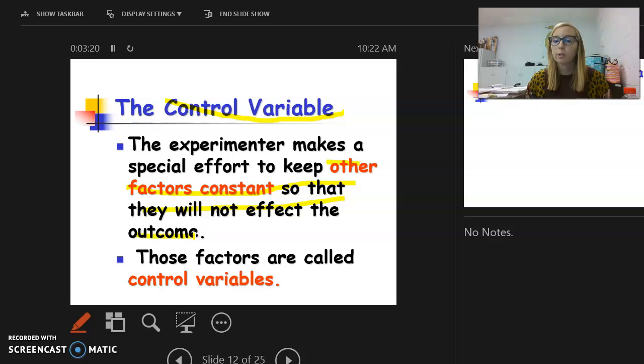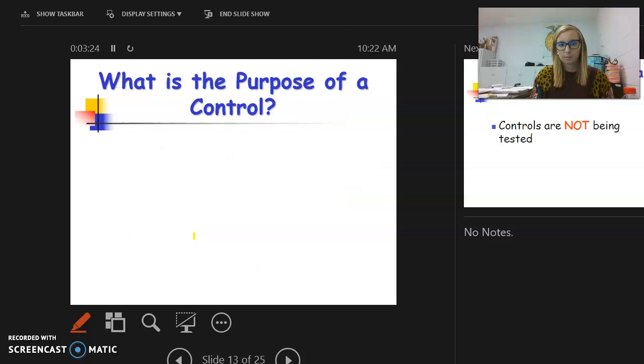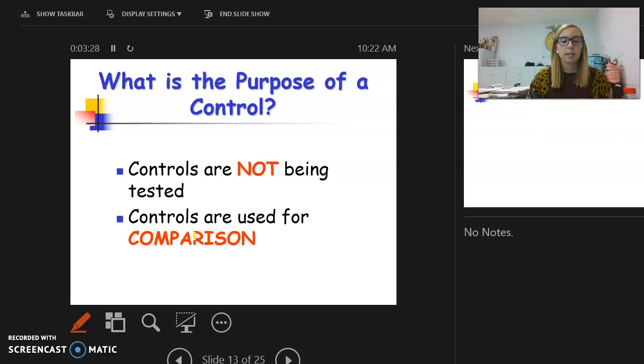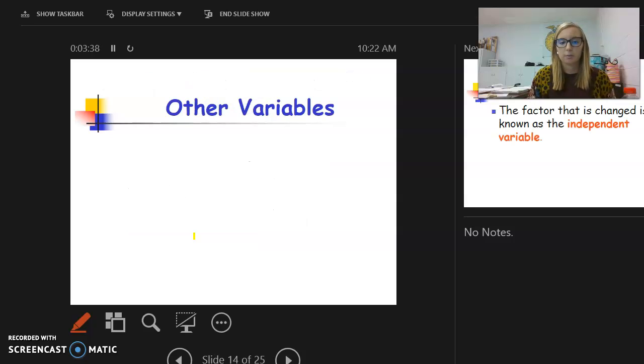You're controlling that only one factor is being changed. So what is the purpose of a control? Controls are not being tested. They're used in comparison. You're going to have a control because the one that you're changing needs something to compare it to.